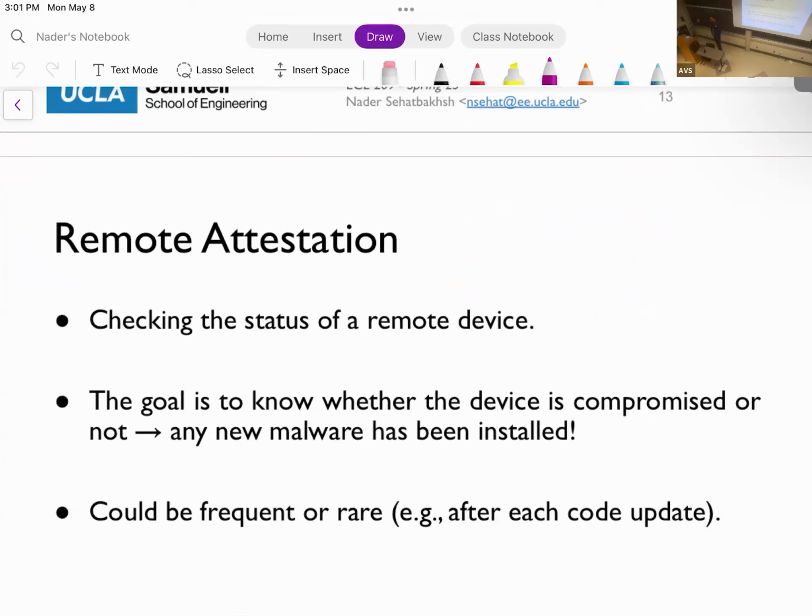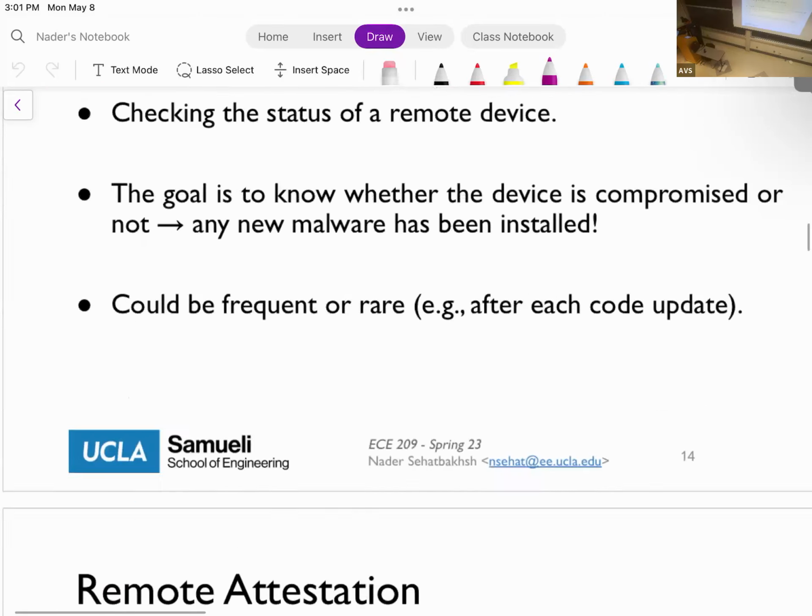We can do it every month, every year, every hour, every second. We can do it at each particular time. For example, if there's a code update, you can do it in various ways. Okay, I'm not going to talk about that protocol. There are known works for that. But the idea is, if we want to do it one time, how should we do it? What are the requirements? What are the attack scenarios, what we need to add, and so on. That's the idea that we're going at.